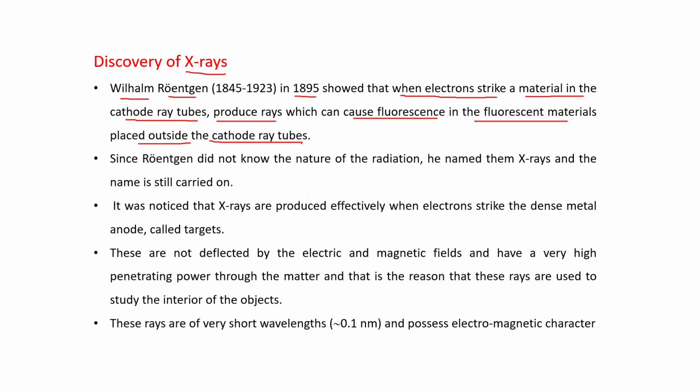Means when electrons strike in the cathode ray tube, some new type of rays were produced. Since Röntgen did not know the nature of the radiation, he named them X-rays, and the name is still carried on. It was noticed that X-rays are produced effectively when electrons strike a dense metal anode called the target.